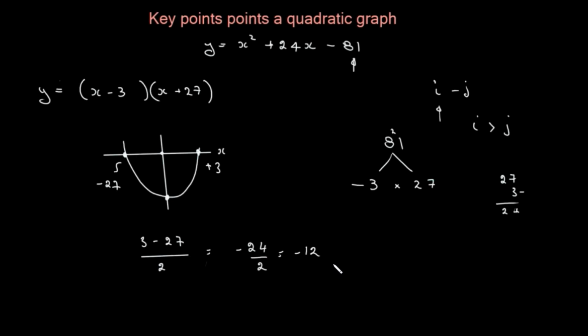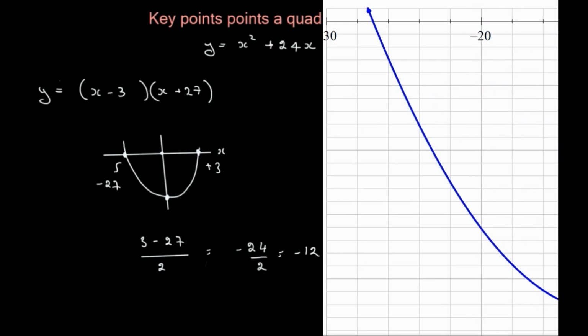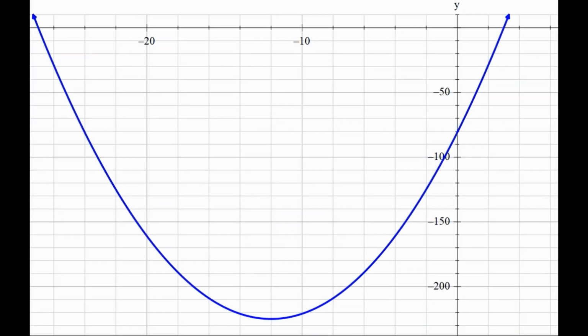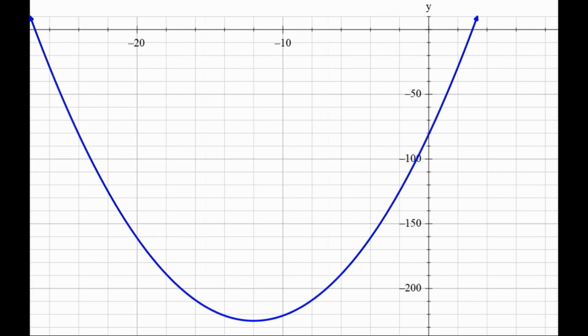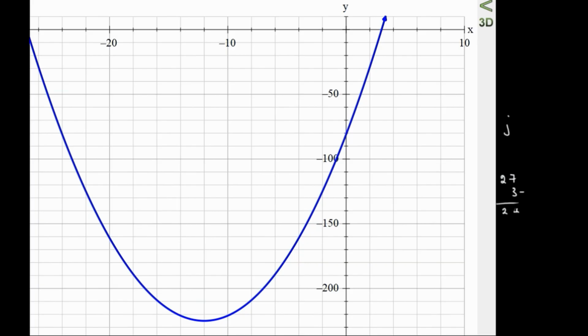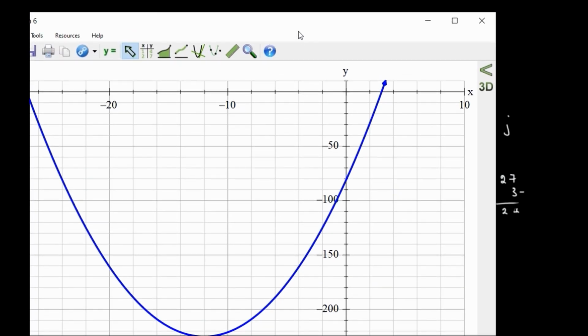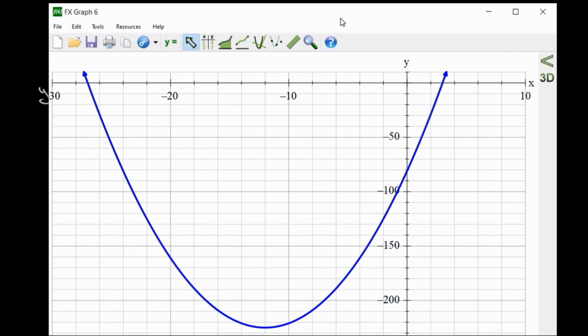Okay, so let's have a look, shall we? I'll bring my graph across if I can find it. There we go. Let's reduce its size a bit. What's that say there? Plus 3.